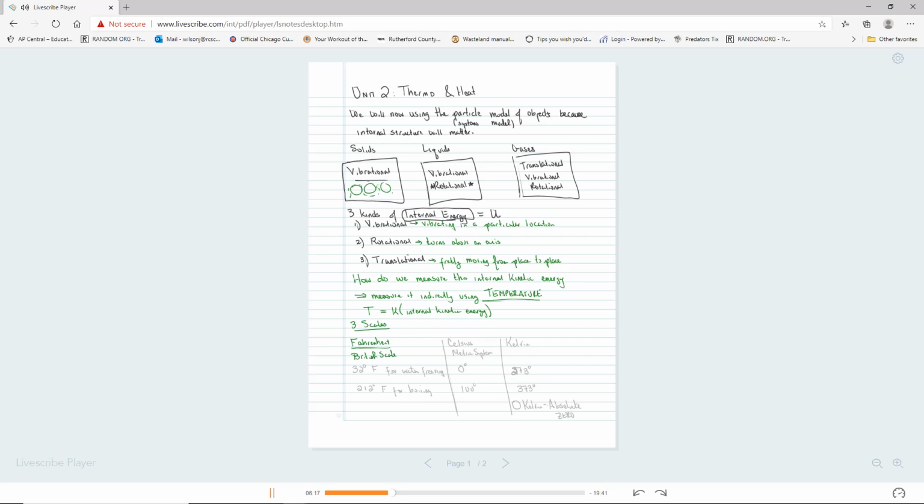What's the number for that? 32 degrees Fahrenheit. Do you know what the boiling point is for water? It is 212. For freezing, and this one is for boiling.